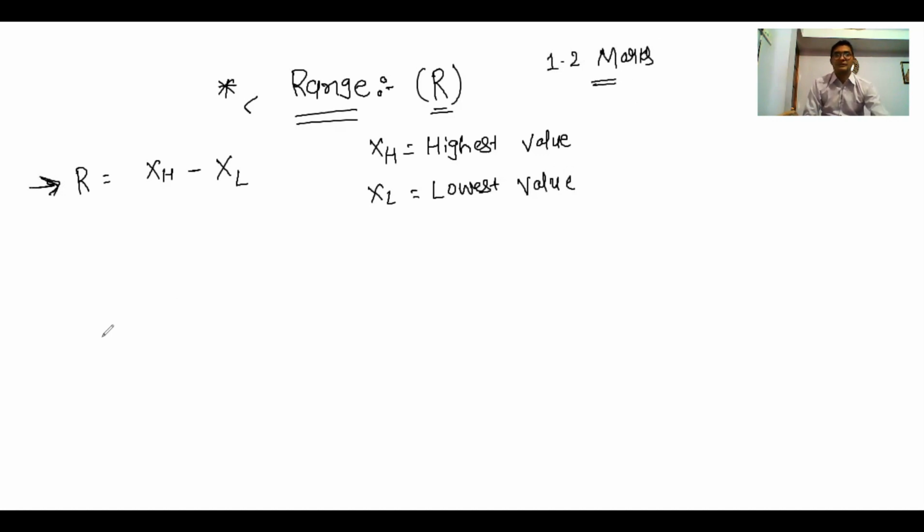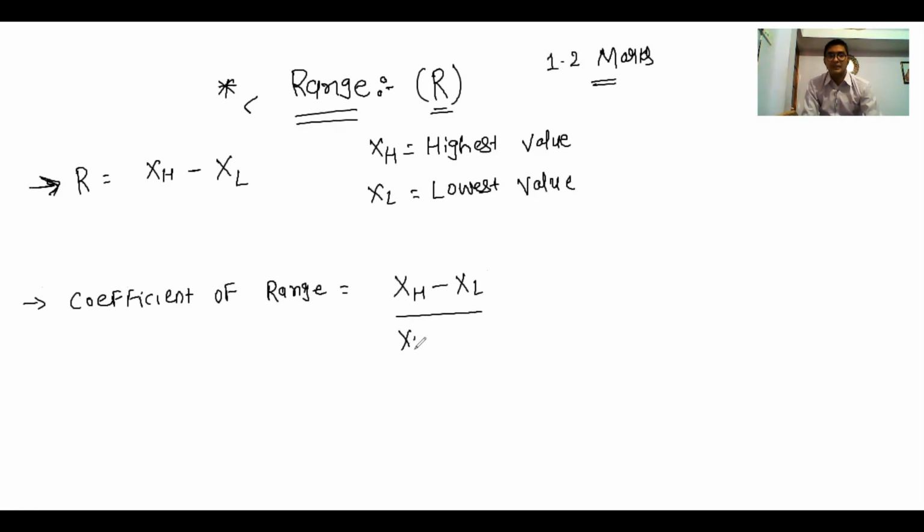Another thing is the coefficient of range, where the formula is XH minus XL divided by XH plus XL.